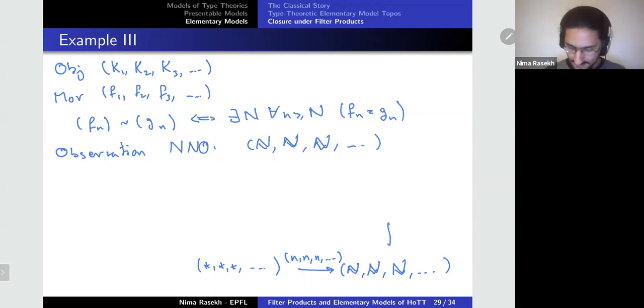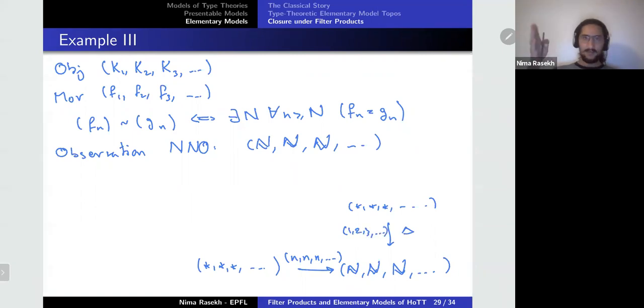How can I see that? I take the following natural number, which I call delta, and it's 1, 2, 3. So the nth digit maps to n. And if I now pull this back, what happens? They agree exactly on one spot and nowhere else. Oh, no, this is wrong.